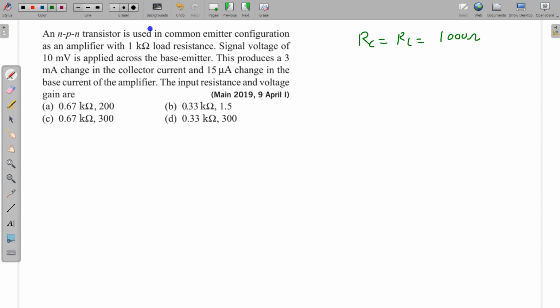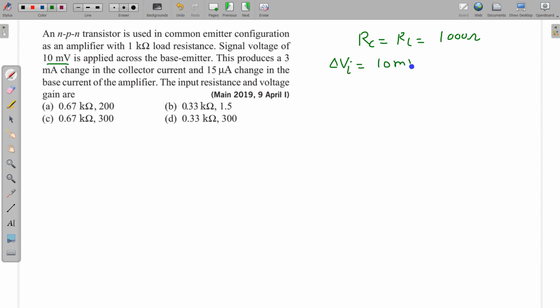Now a signal voltage of 10 millivolt is applied. Since it is a signal, we are concerned with the changes only. So this is just change, delta VB, on the input side.